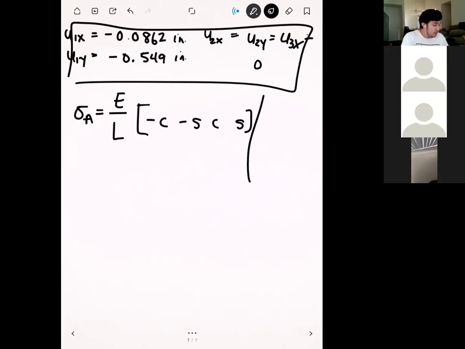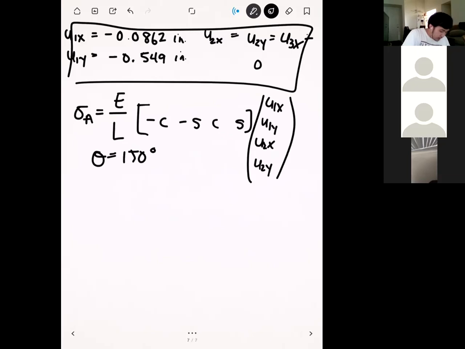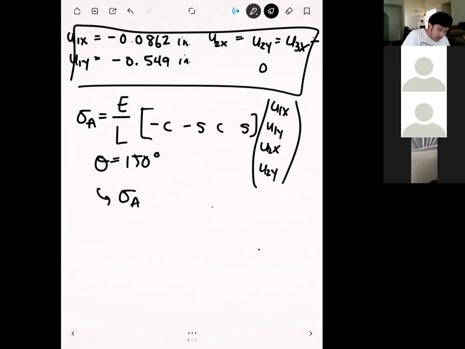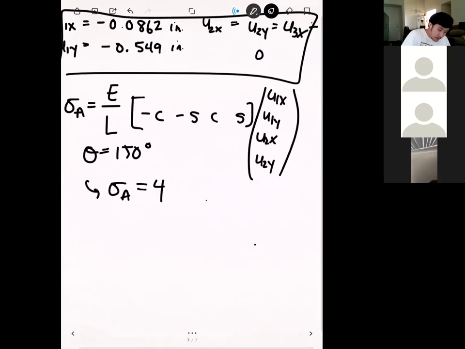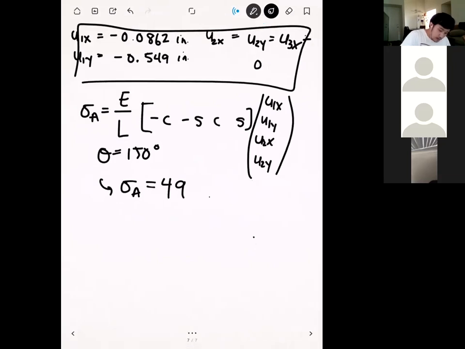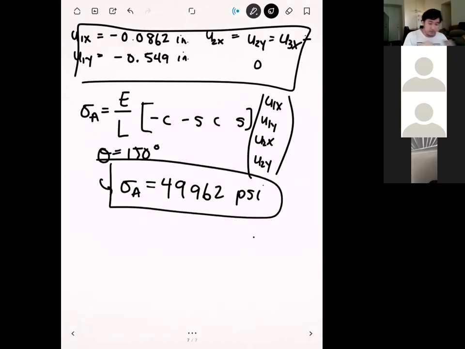Element A is bordering nodes 1 and 2, so we multiply by u1x, u1y, u2x, u2y. We know here that the angle is 150. If we plug everything in, we get sigma A is equal to 49,962 psi.